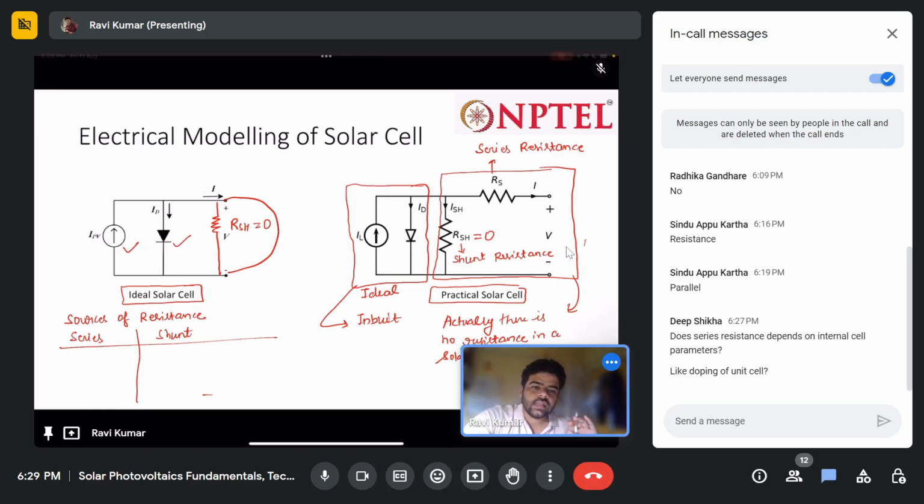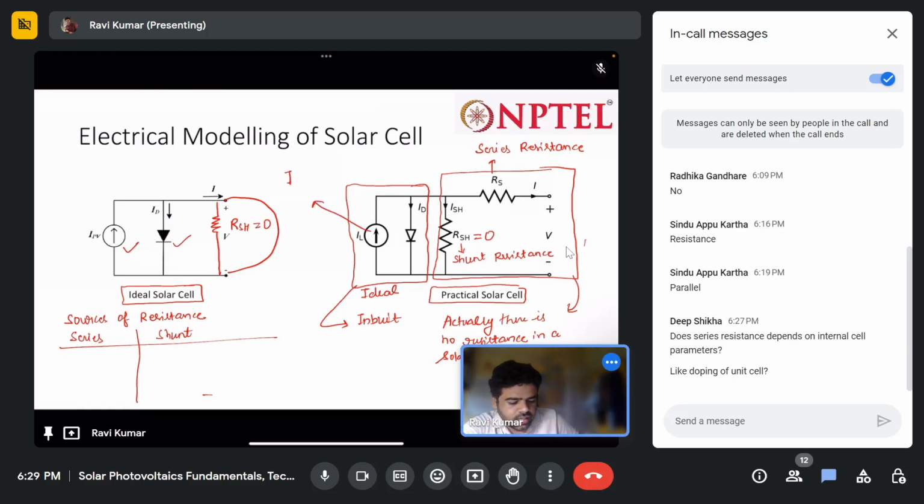Other than those performance parameters, we have the parameters of this diode, that is saturation current and ideality factor. This is the IPH, generated current. And we have the shunt resistance and series resistance.